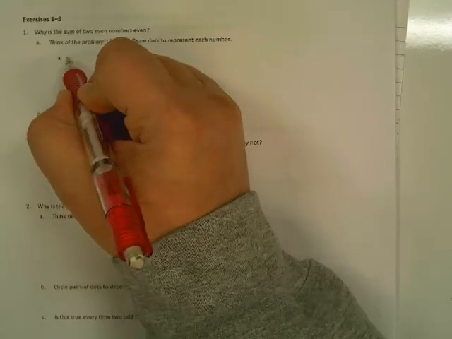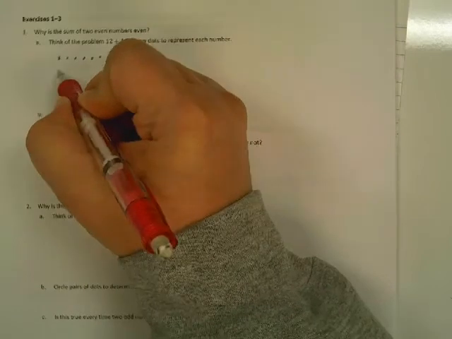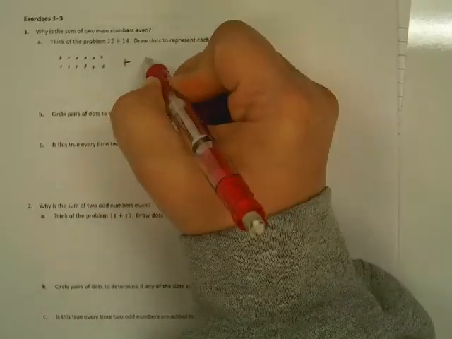So it says, why is the sum of two numbers even? Think of the problem 12 plus 14. Draw dots to represent each number. So I'm just going to draw, there's my 12.